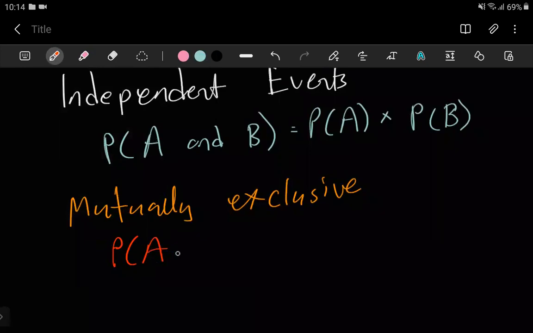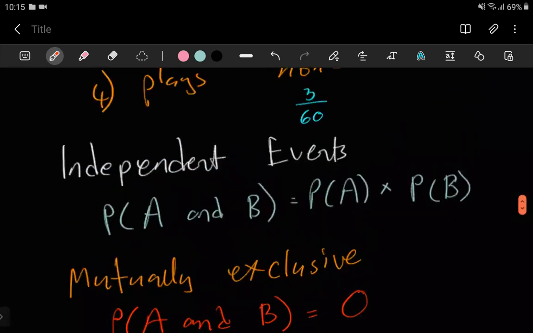The probability of A and B happening is going to be equal to 0. This is for mutually exclusive events. That means they are two events that cannot happen at the same time.